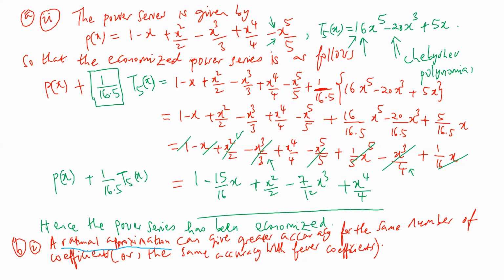So in other words, rational approximations give greater accuracy relative to polynomial approximations. And that is why the rational approximations are preferred.